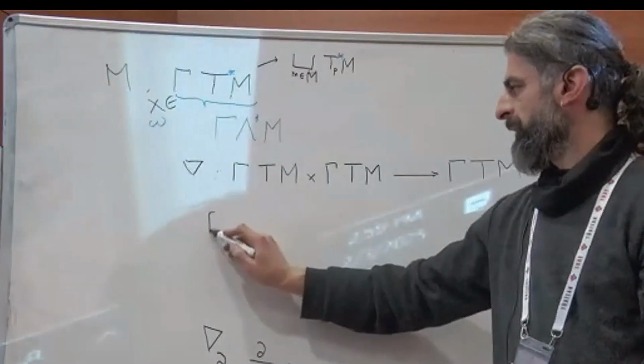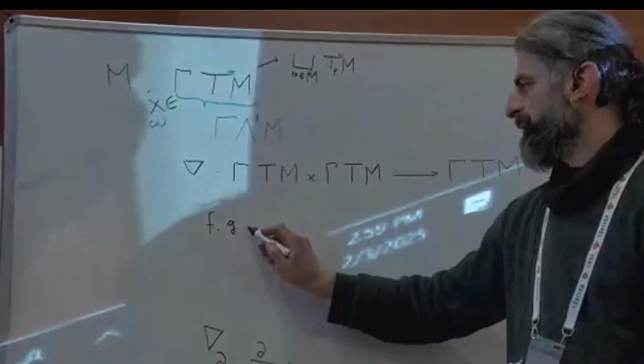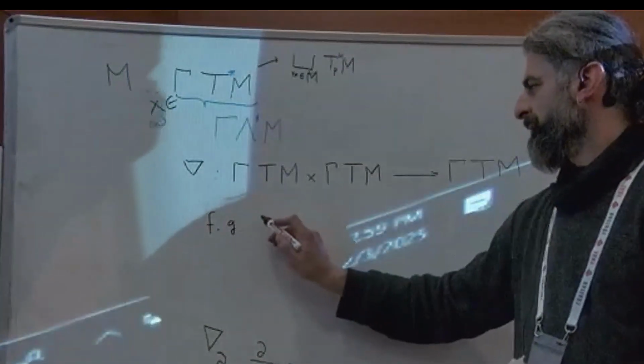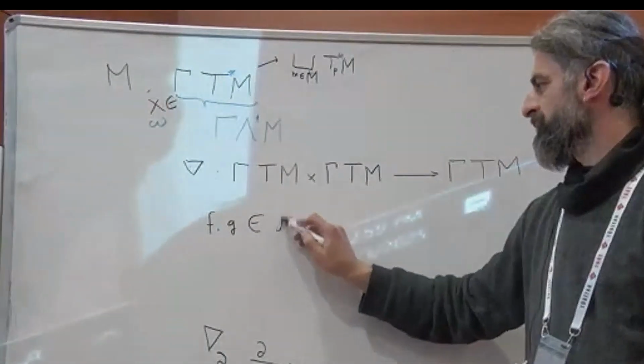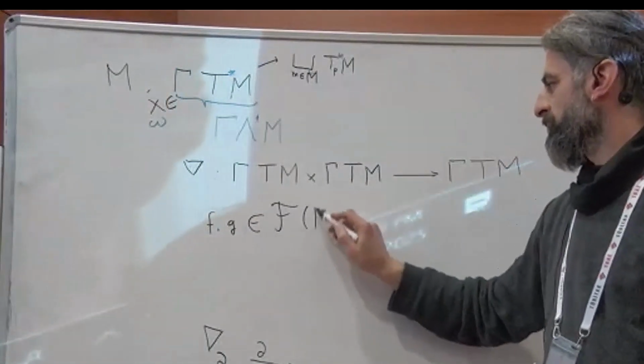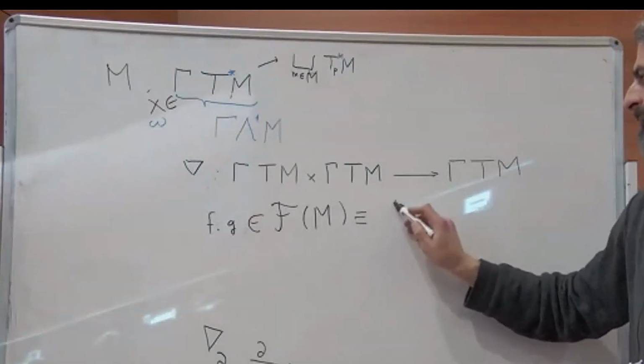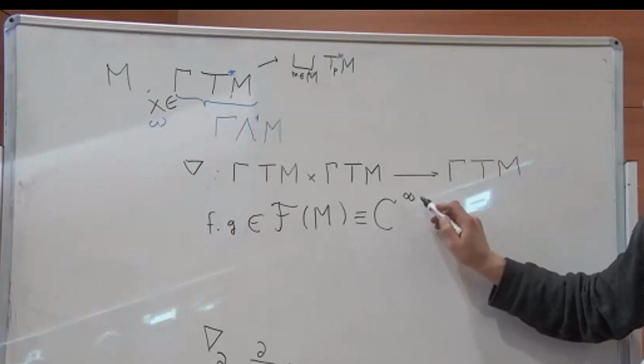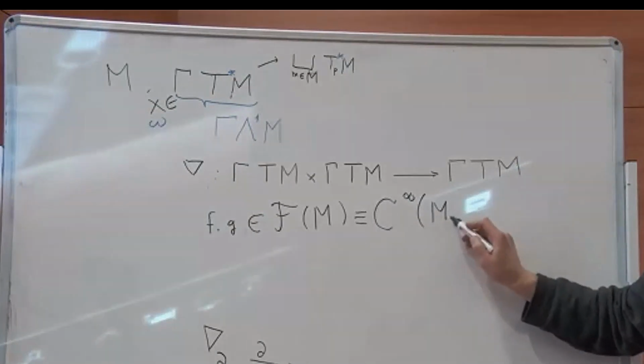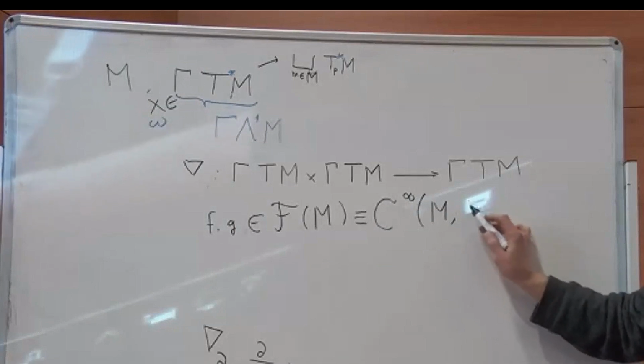So if F and G are functions over M, it is identically this function.